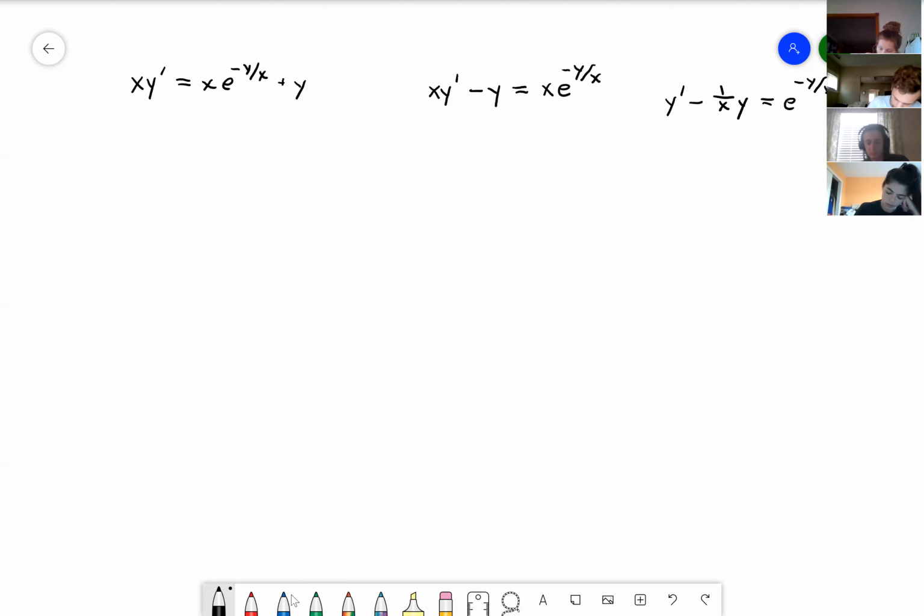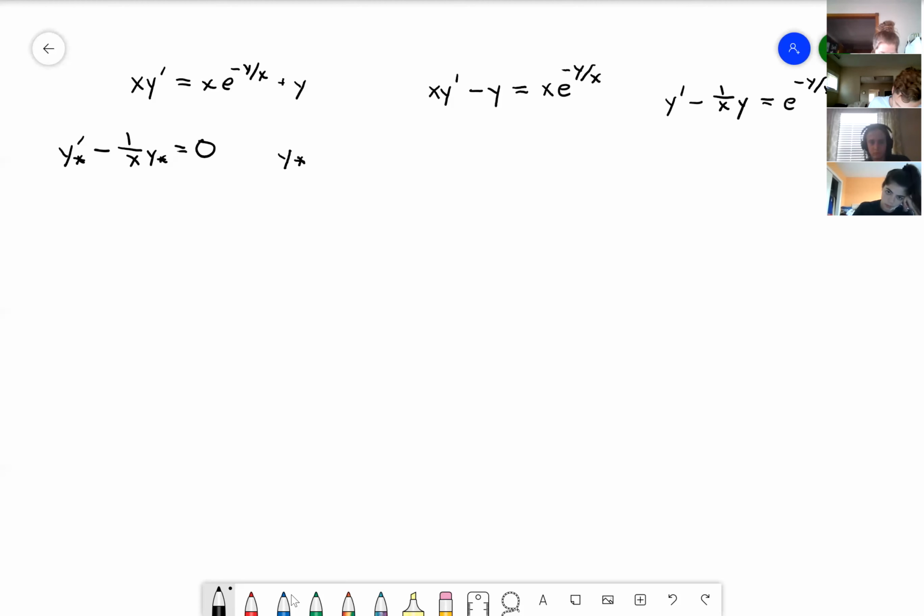And so our sort of homogeneous version of this is y star prime minus 1 over x y star is equal to 0. And of course, we know that this is now a linear equation.